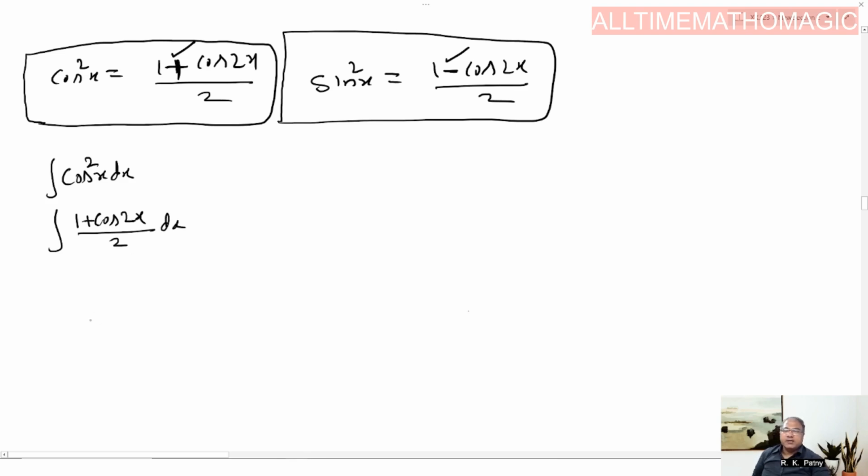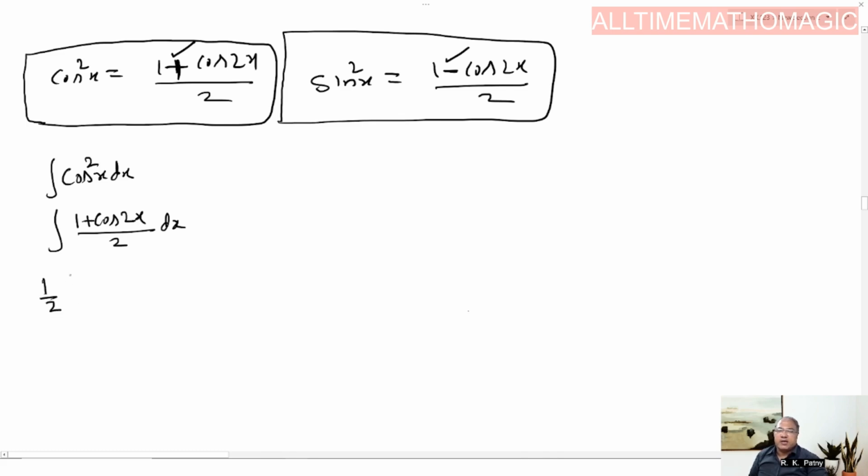Remember that we cannot directly do the integration of cos square x. Whenever cos square x appears, you have to convert it to the form cos square x equals (1 plus cos 2x) upon 2. After converting this, we can do the integration very easily.